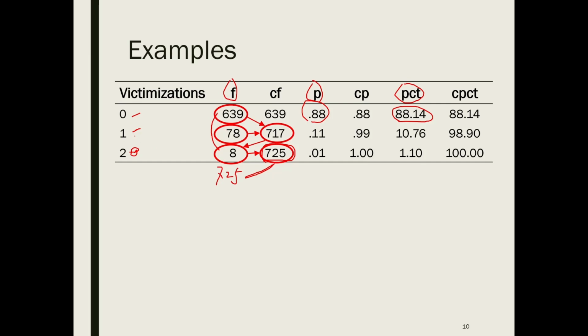The question asks about the percentage, so you go to the cumulative percentage, and you see about 98.9, almost 99% of people have only been victimized one time or not been victimized at all in the last year. This is the most useful thing about the cumulative frequency, cumulative proportion, and cumulative percentage.